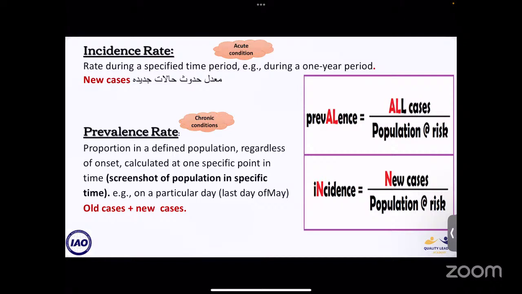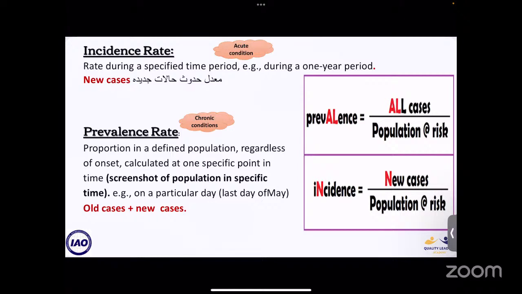So you identify the number of new cases of COVID that occurred in 2021 and divide it by the population at risk during that period, which is the total population in the area being studied. So this is the incidence. Okay, specify the time period, in this case the year 2021.